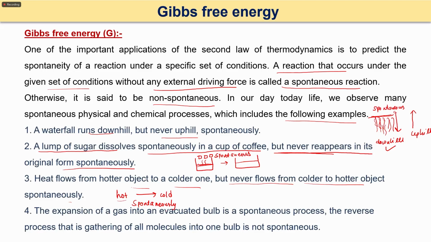Next, the expansion of gas into an evacuated bulb is a spontaneous process. Let us say you have two bulbs connected by a knob. This bulb is filled with gas, and the knob is first in closed condition.